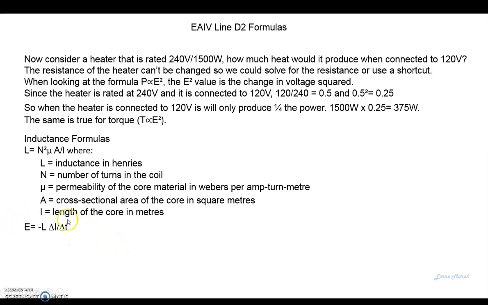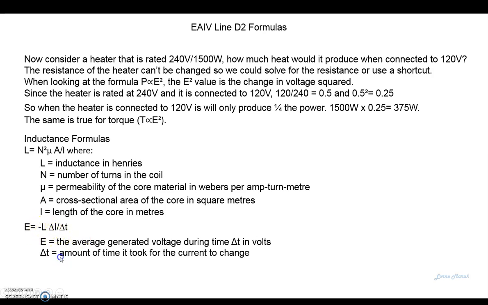In regards to inductors, the voltage here, E, is the average voltage generated during a time, delta T, in volts. So basically, as our AC goes positive, the coils of wire of the inductor are cut, and this produces something called the back EMF, or counter EMF, self-generated, self-inductance, and it is indicated there with the minus, that it is actually a negative voltage or a counter EMF.